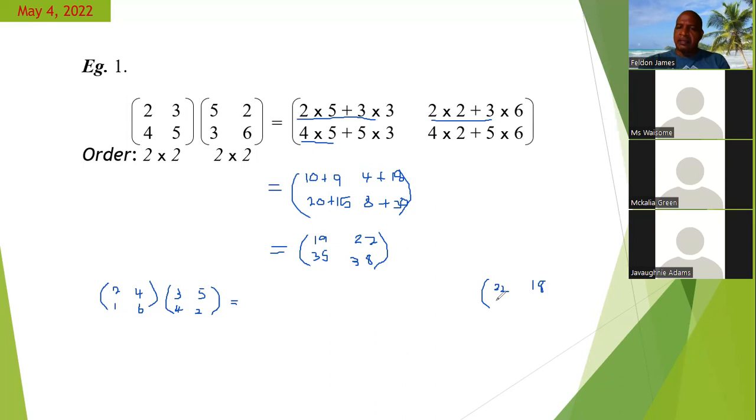Then 27, 17. That's what you got, Miss Green? Yes, sir. Okay. All right. That's what you got, Miss Darty?